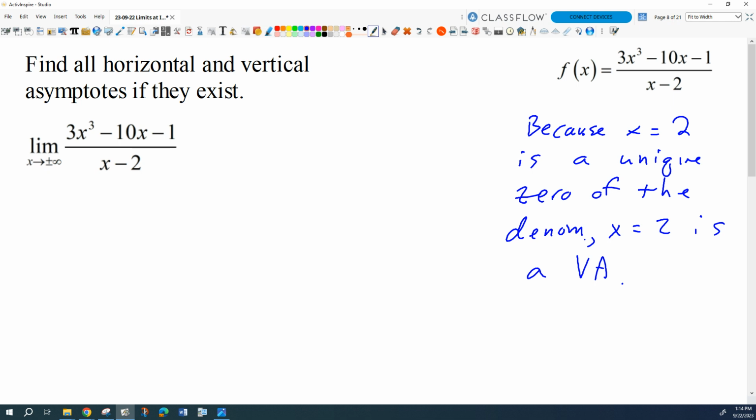We know something about this thing. We have a vertical asymptote at x equals 2. Okay, do we have any horizontal asymptotes? No, we know that for sure. How do we know just by inspection?